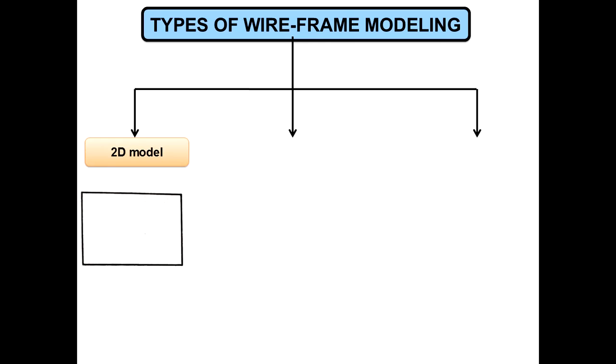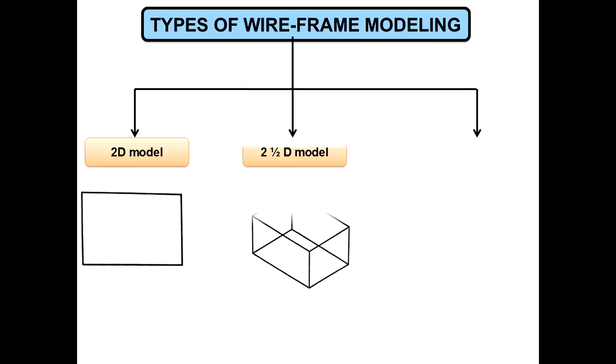First is the 2D model. This 2D model is suitable for flat objects. When you have a simple object, simple representation, only the two-dimensional representation, then we can go for this 2D modeling. So 2D modeling is basically suitable for flat objects. Then the second one we have is the 2.5D model.